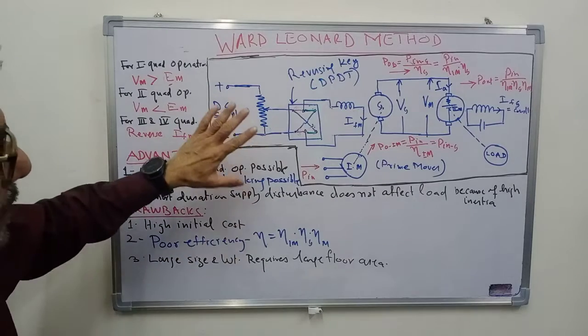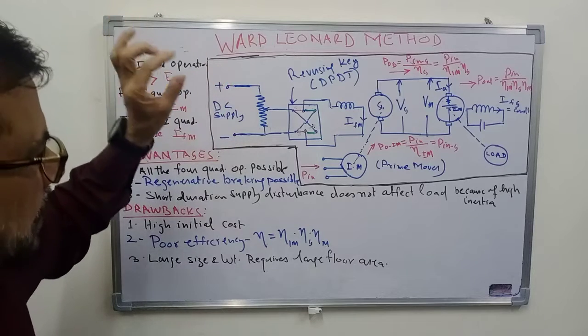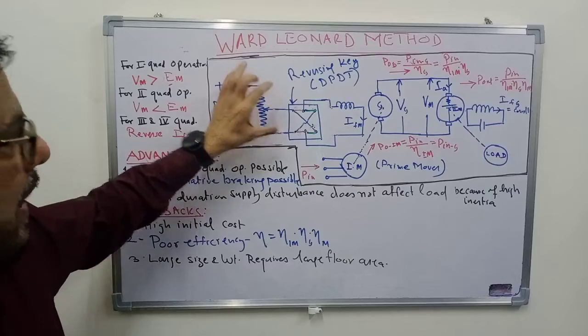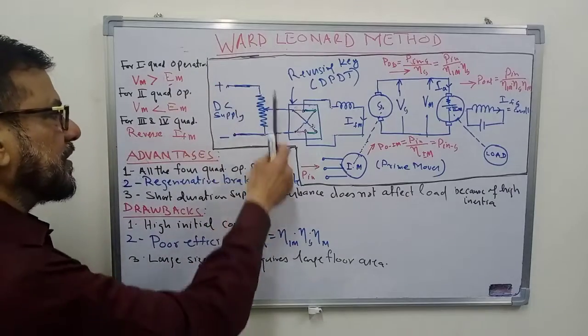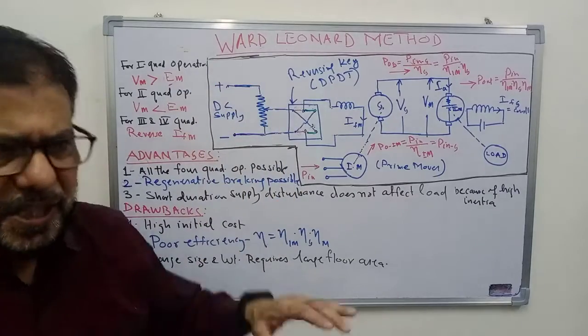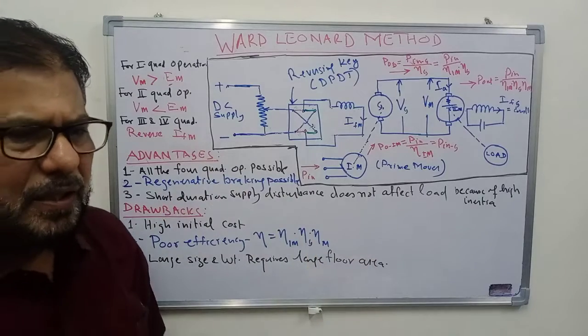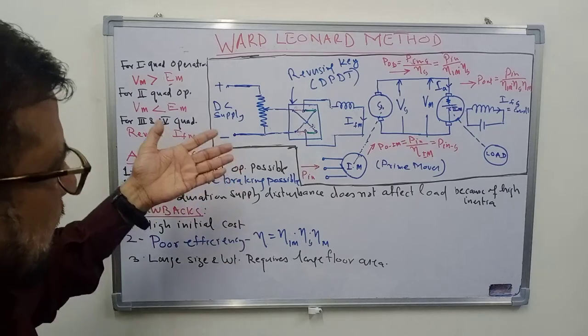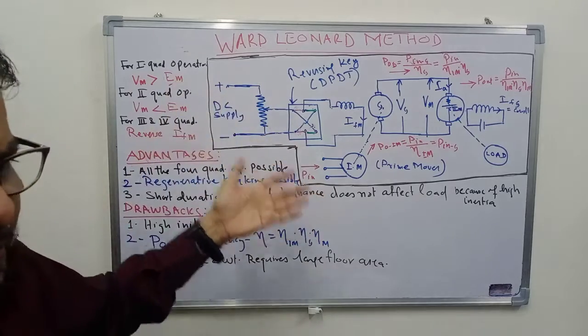So in this scheme you have to vary the voltage here, and I have shown one example, that it is a potential divider. It can be a low power controlled rectifier also, or you can get it from some low power DC converter.